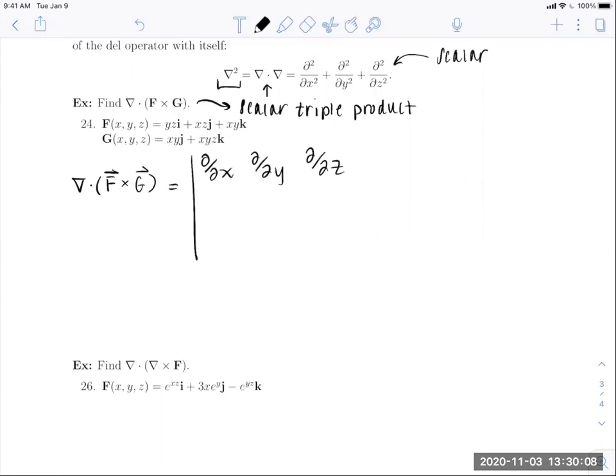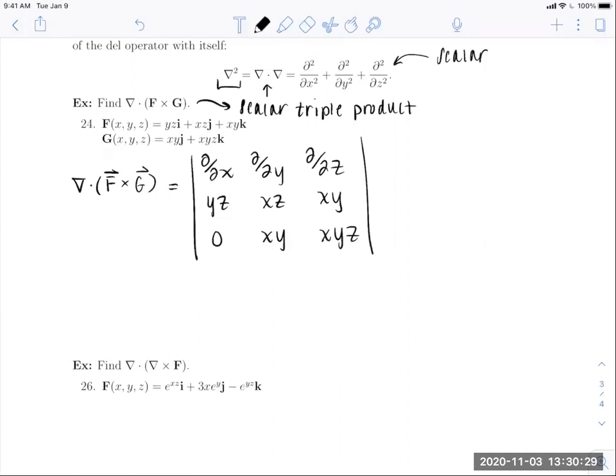And then the next two rows are the component functions of f and g. So I have yz, xz, xy, and then I have 0 in the i hat component of g, xy, and xyz. All right, and so let's carry this out.